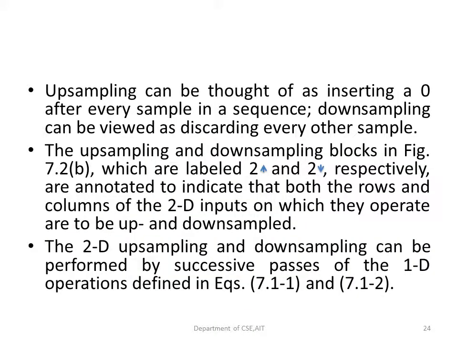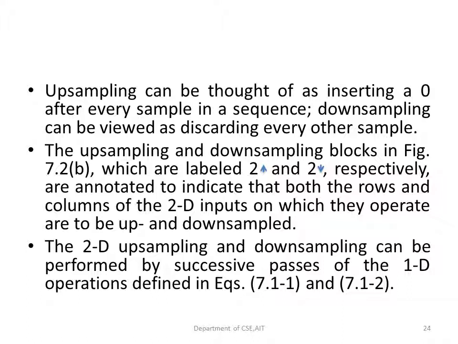So we have two processes here, the upsampling and the downsampling. In the upsampling, we insert a 0 after every sample in the given sequence, whereas in the downsampling, we remove the zeros after every sample.